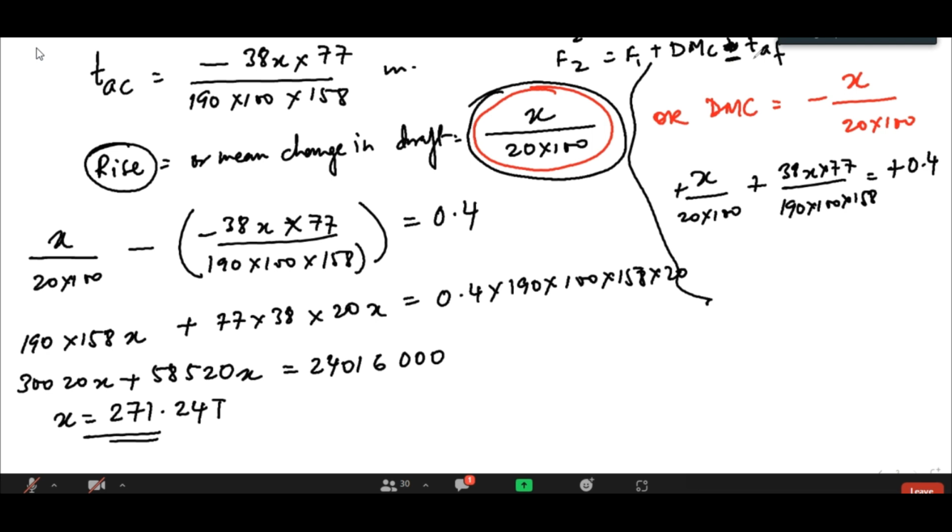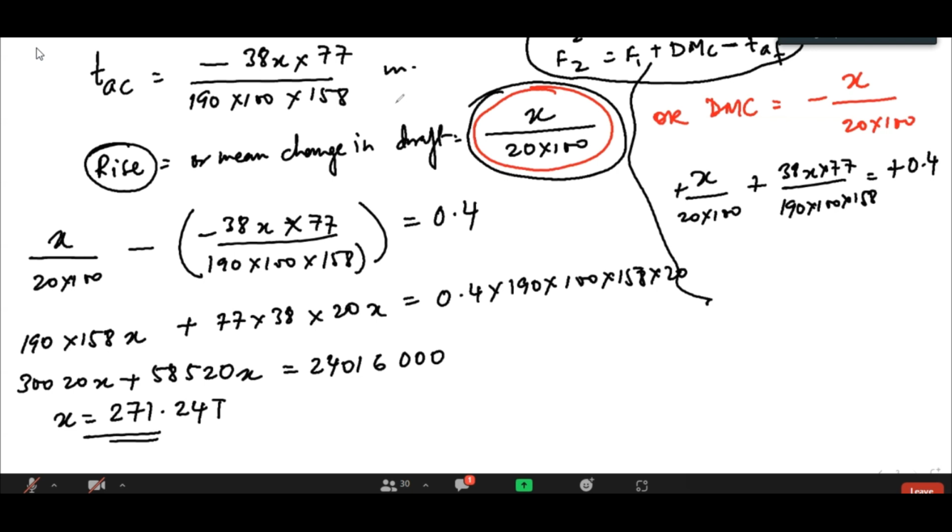The value of the change of draft, that will be in minus, but the formula will not change. These two formulas remain the same. So for this reason, there is no interpretation required here. But if you're going to use rise or if you're going to use sinkage, then you have to be very, very careful. इसके बाद, obviously, we are able to solve that forward wala part without any issues.